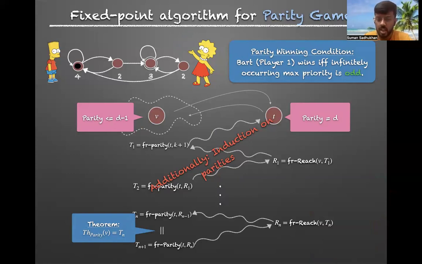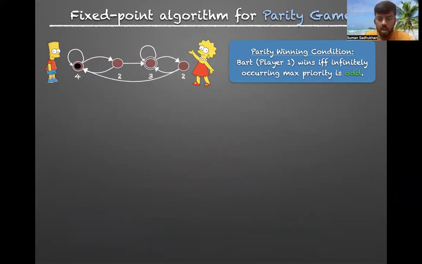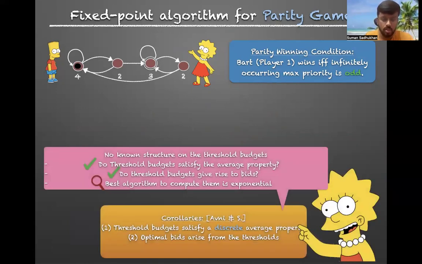We had an extra induction over our priorities, but that is expected. So for parity games also, we get the same as for Buki games: the threshold budget satisfies the average property, we know how to compute it, and we know how the bids look like.